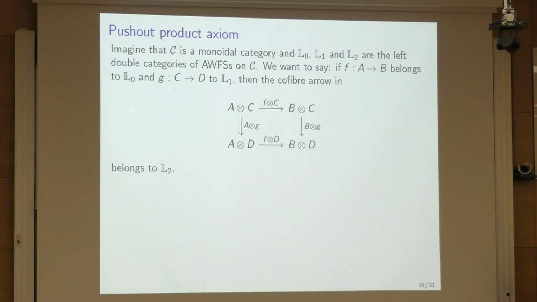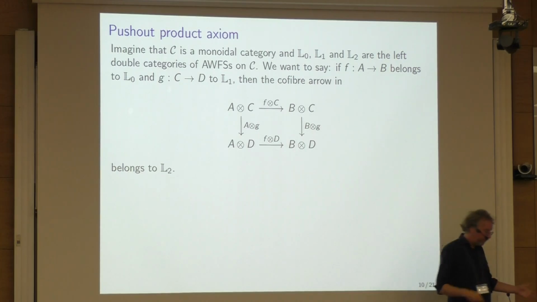Maybe there is some map f which belongs to some class L0, and a map g which belongs to some class L1. Then you write down this square, and you want to say something about the induced map from the push-out of these two maps to this object over here. Maybe you want to say that it belongs to the class L2.